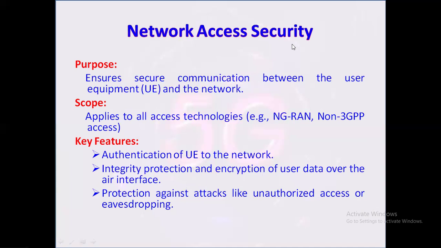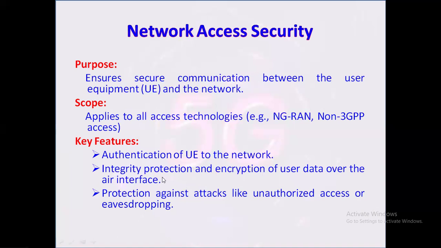The key features of network access security: first, authentication of the UE to the network. Authentication verifies that only authorized devices can access the network, ensuring that each device connecting to the 5G infrastructure is legitimate. This process helps prevent unauthorized devices from connecting, which could otherwise pose a security risk.